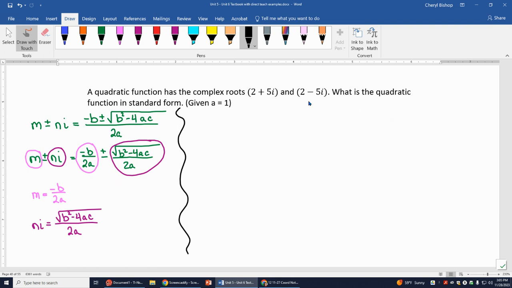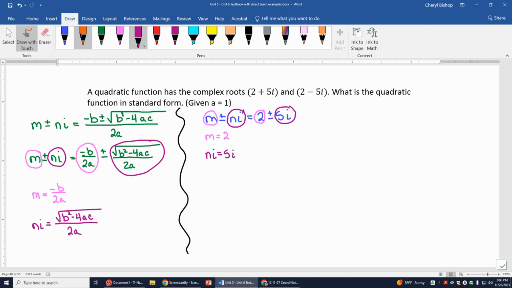All right, so now if I'm looking here, my m plus or minus ni, what they've given me is 2 plus or minus 5i. So I can see that my m is 2, so m equals 2, and ni equals 5i.